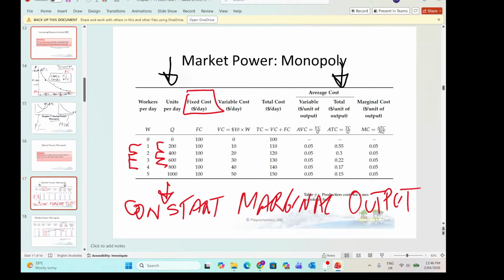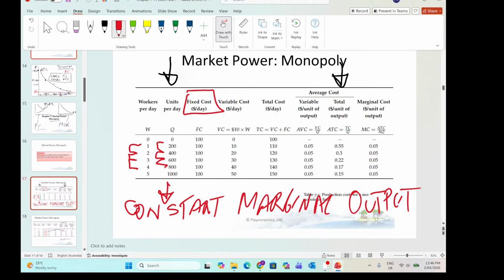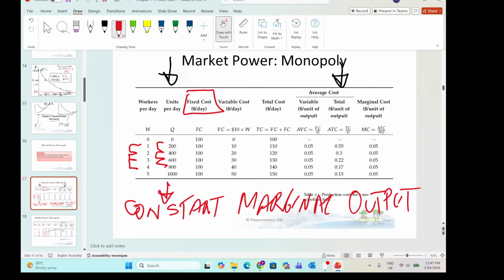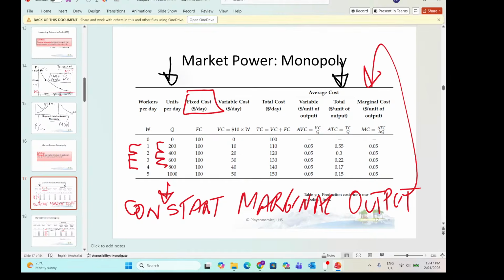And if I can just jump ahead, I'll do this more thoroughly on Tuesday, but that constant marginal output is going to mean we're also going to have, as a result, a constant marginal cost. We'll get to that on Tuesday.